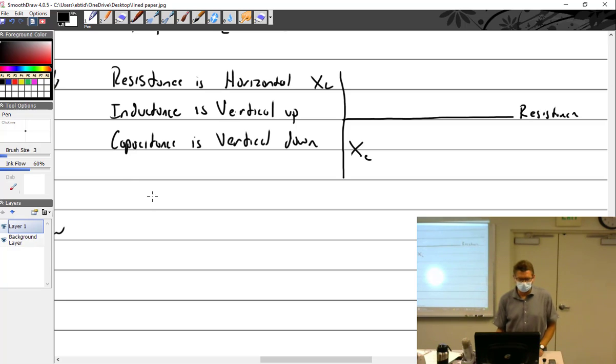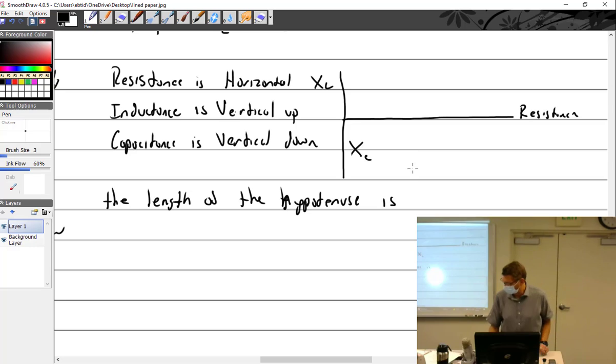The length of the hypotenuse, the hypotenuse is Z, which is impedance.